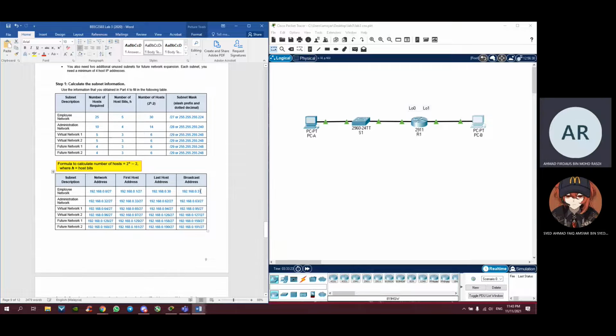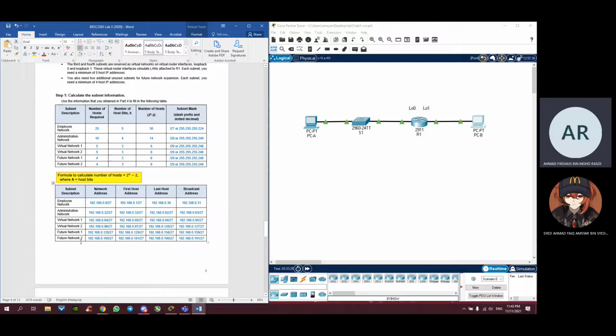For virtual networks 1 and 2, the number of hosts required is 5, the number of host bits is 3, and the number of hosts is 6. And for the remaining two, future networks 1 and 2, the number of hosts required is 4, the number of host bits is 3, and the number of hosts is 6.